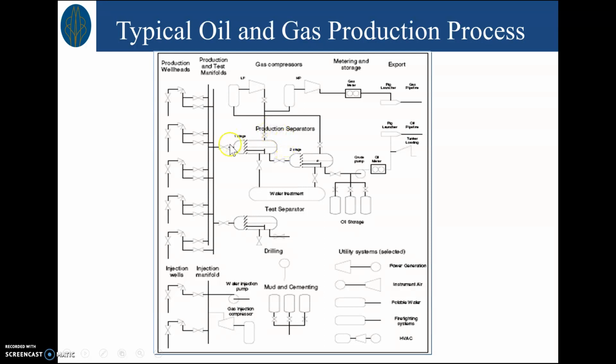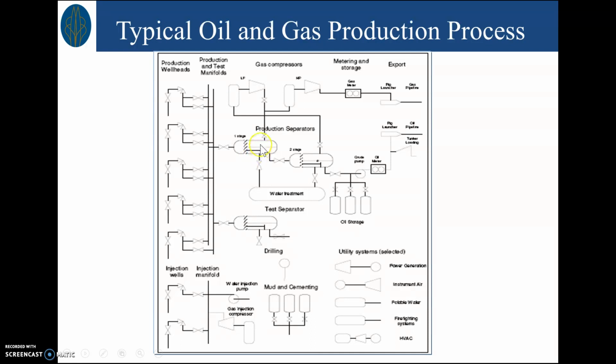Here we may have a single separation stage or multiple stages, depending on the pressure of the fluid and the complexity of these fluids. Here we have 2-stage separation, and both are horizontal separators. From each separator, the flow stream is separated into 3 phases: oil, gas, and water.